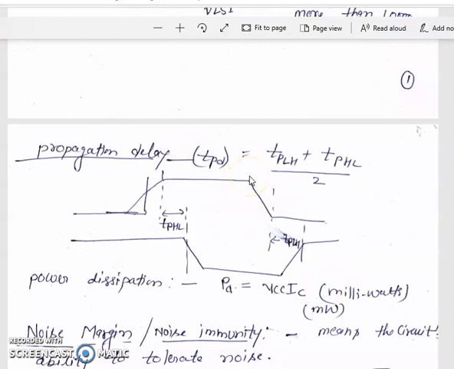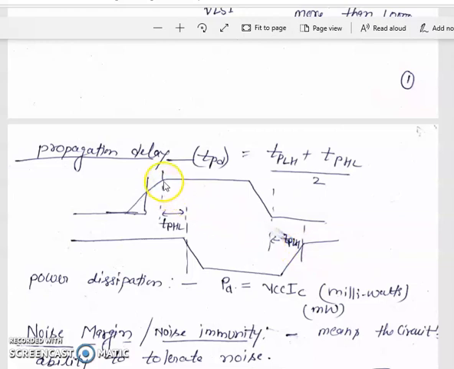Propagation delay is represented as TPD, that is, the propagation delay is equivalent to the average of TPLH and TPHL, divided by 2. That is the propagation time from high to low level, and this is the propagation time from low to high.